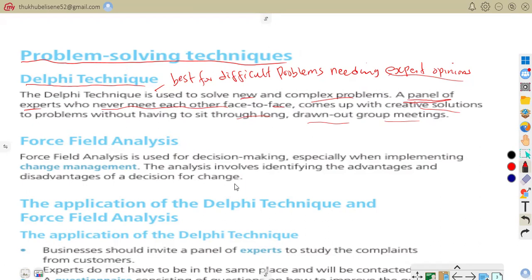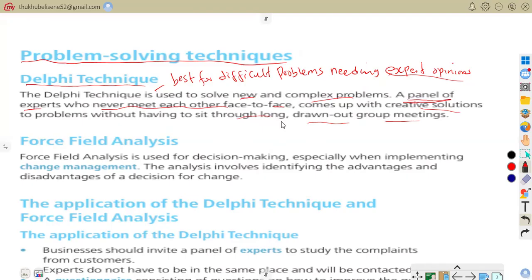So experts with knowledge are selected. Another information under this Delphi technique is that experts do not meet face to face.